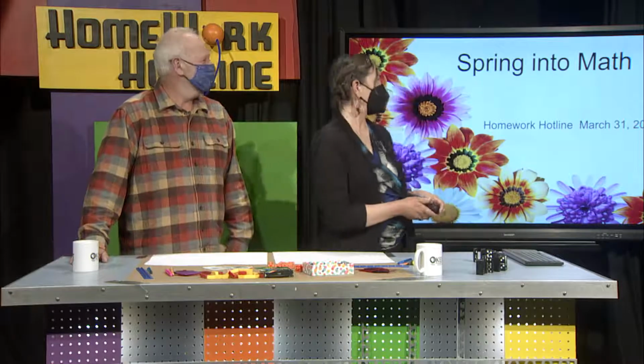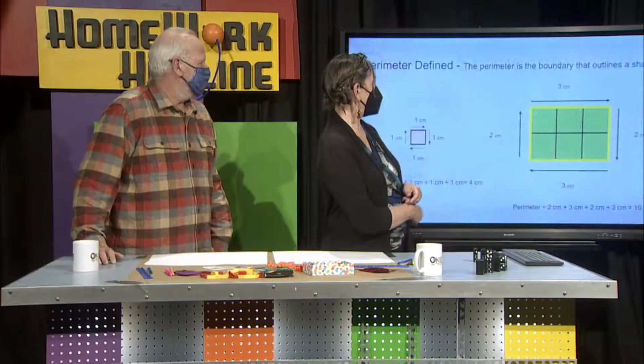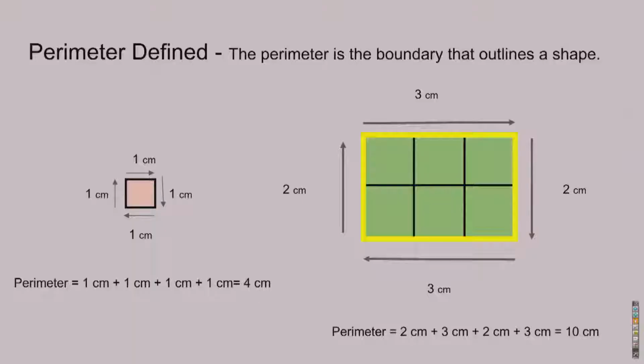Well, I was playing around in my garden this weekend and thought it would be fun to take a look at area and perimeter. I have a garden bed in my backyard and I was trying to figure out how many plants I could grow in there. But before we start, I thought we could take a look at the difference between area and perimeter.